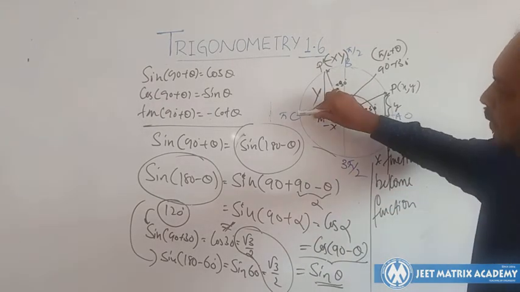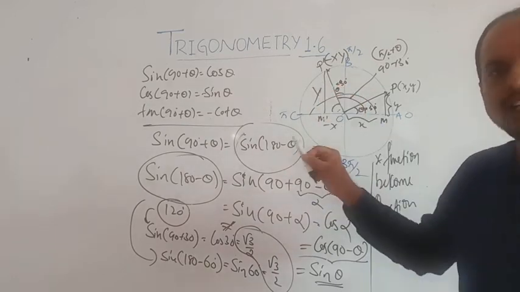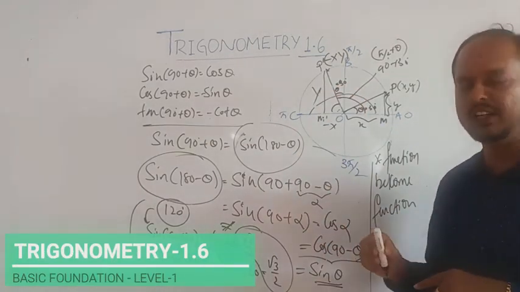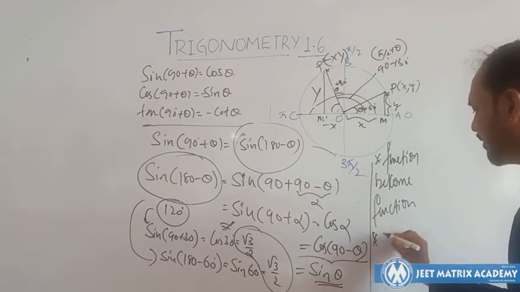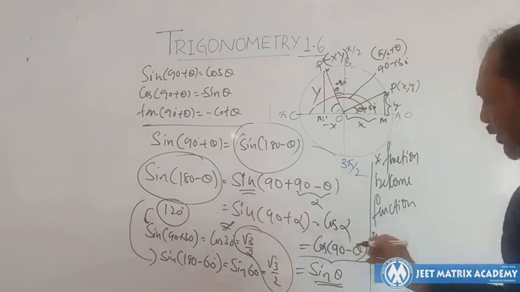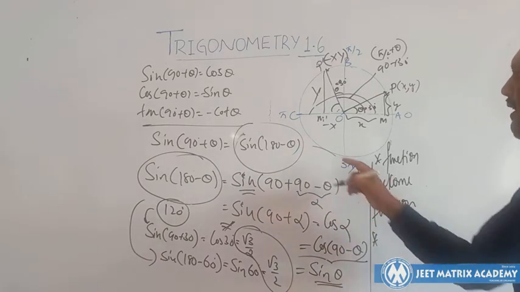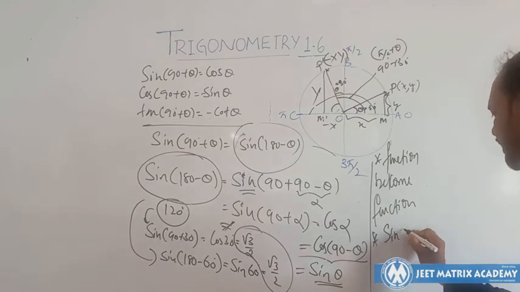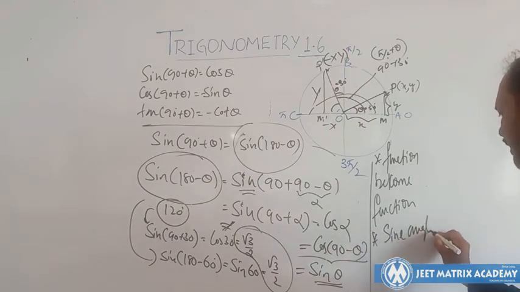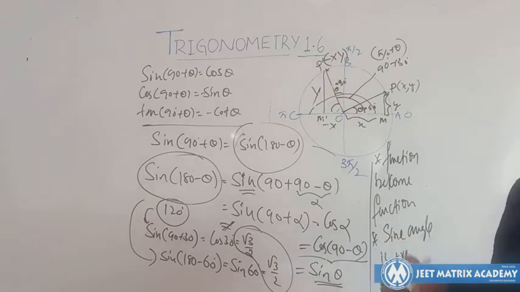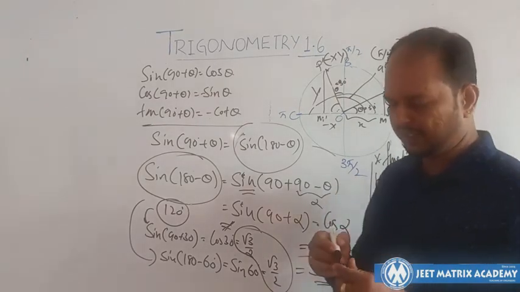For anything 180 minus theta, sin becomes sin, cos becomes cos, tan becomes tan. Second point: sin will be positive, as we got for 90 plus theta. Sin angle is positive, the rest everything is negative. If you want, you can see one example.